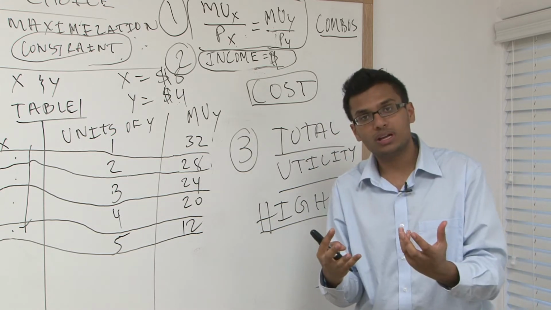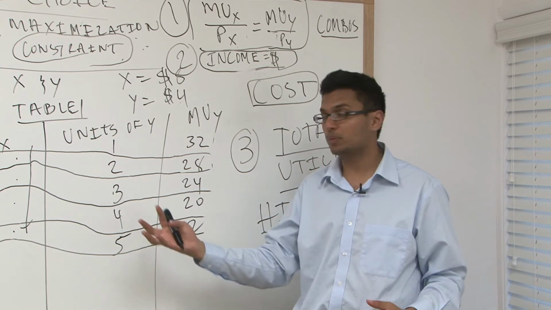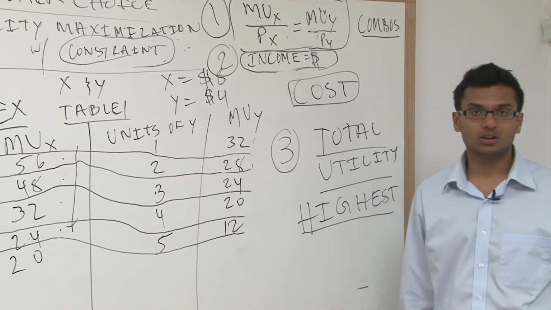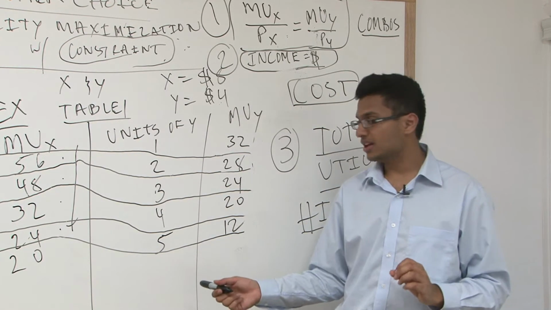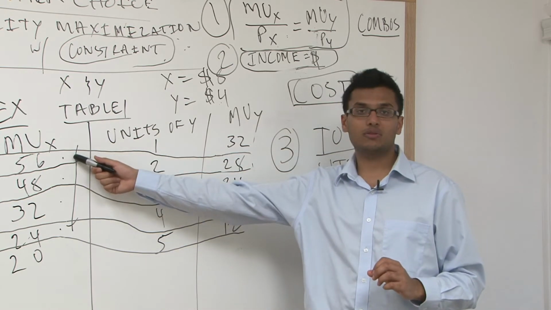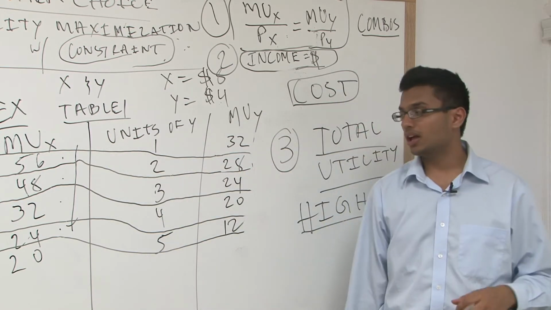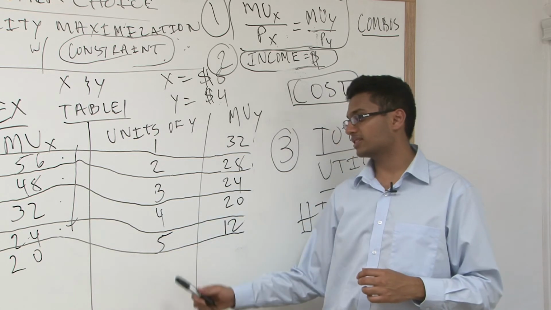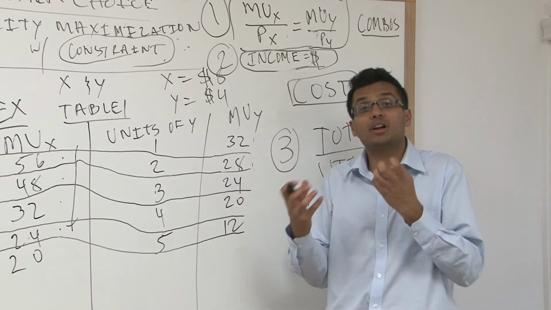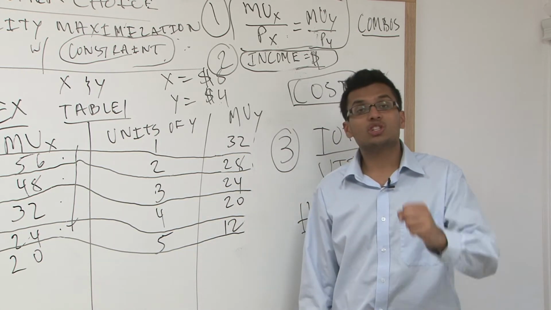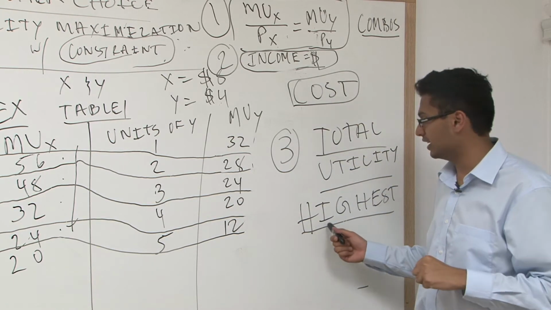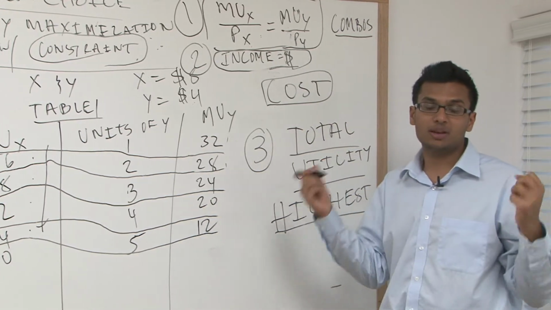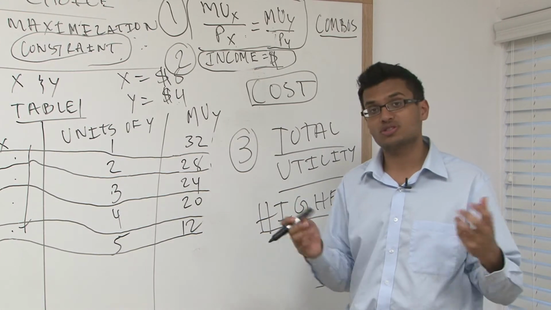A bundle is a combination of goods. A bundle could be 1 unit of X and 2 units of Y, or 4 units of X and 5 units of Y. The bundle with the highest total utility is what the person is going to choose if the person is rational.